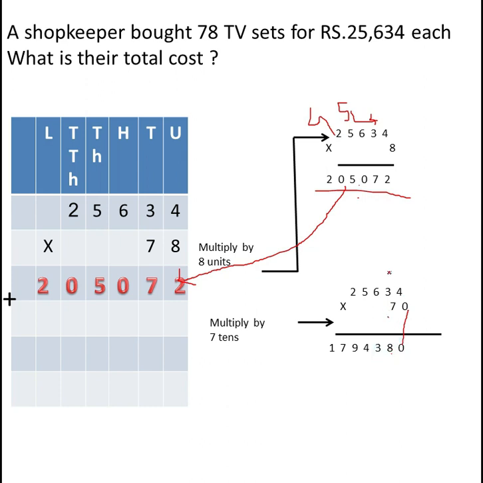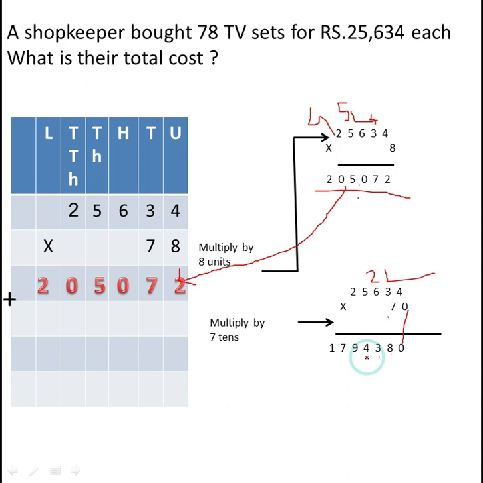I write 8 here and 2 carried forward. 7 into 3, 21 plus 2, 23. 3 here, 2 carried forward. 7 into 6 is equal to 42 plus 2 is equal to 44.